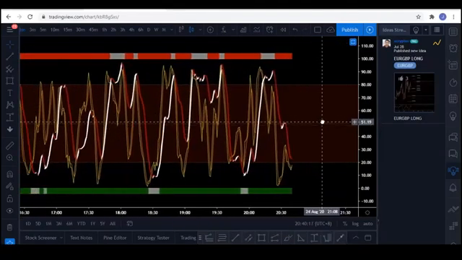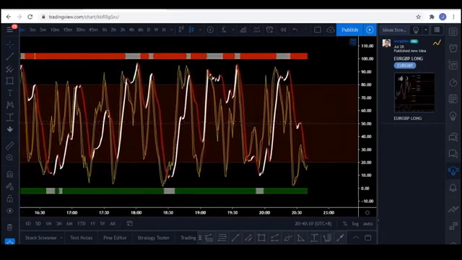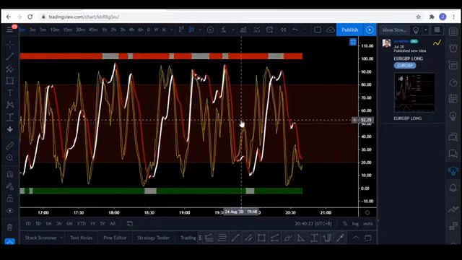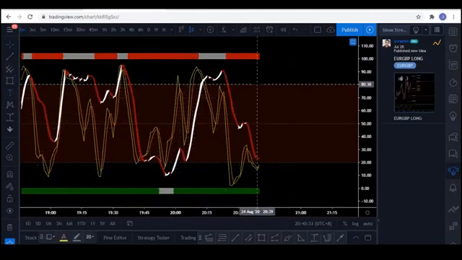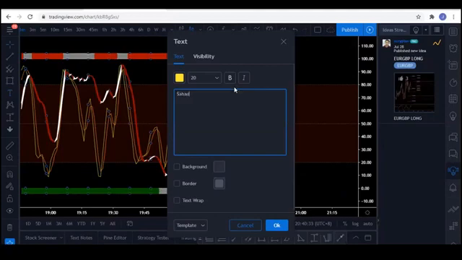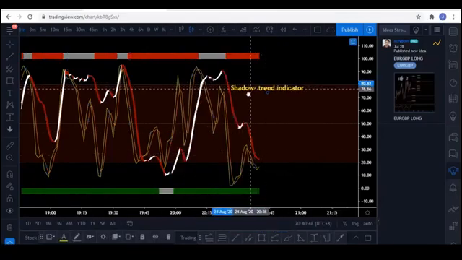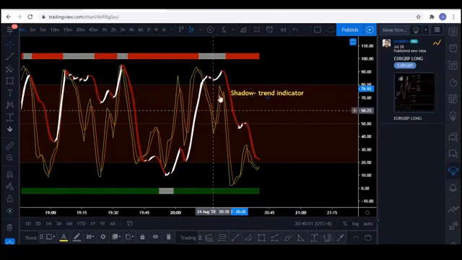So this is our shadow script. What is composed in our shadow script is, first, our shadow, the red and the white shadow. This is our trend indicator. Next is our signal, this one.